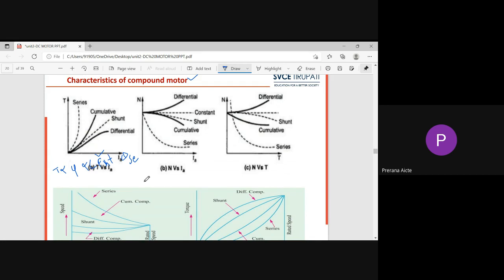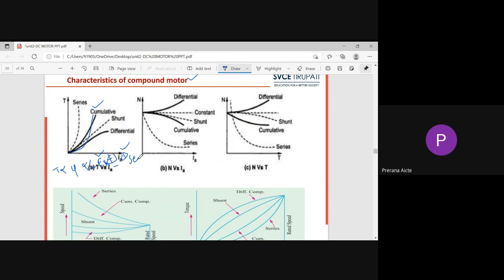When load increases, the current flowing through the series field winding increases. Because of this increment added to the shunt field flux, the total flux increases and the current also increases. So the cumulative characteristics are like this. In differential characteristics, phi S is opposite, so instead of plus, here minus.